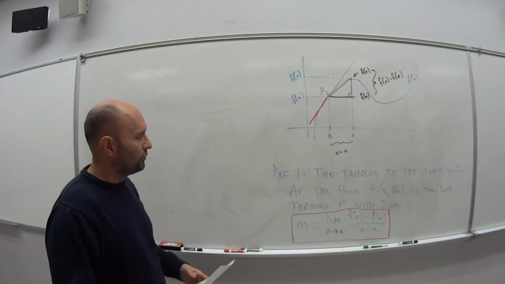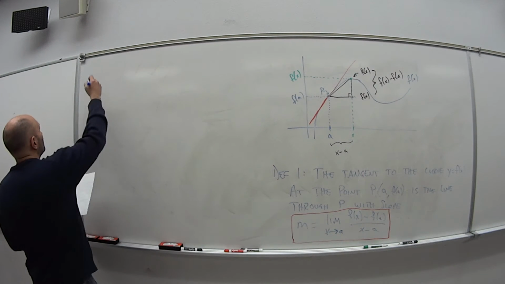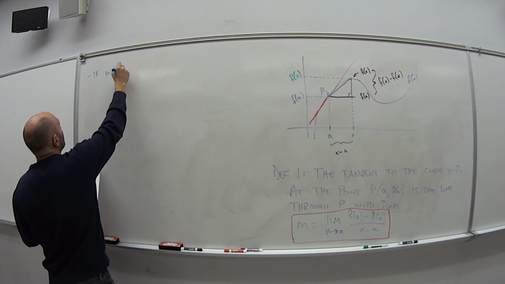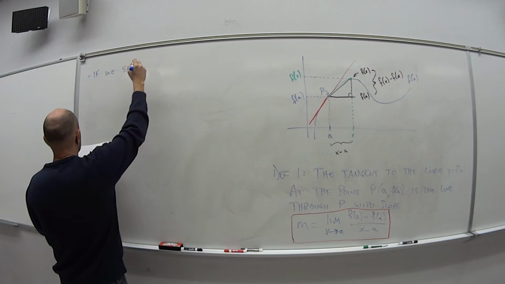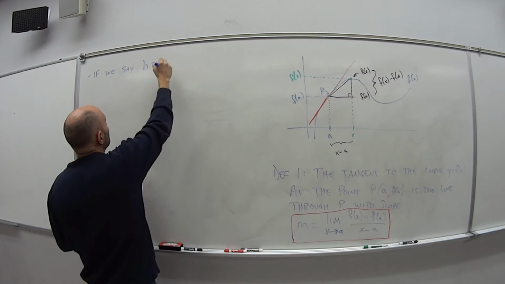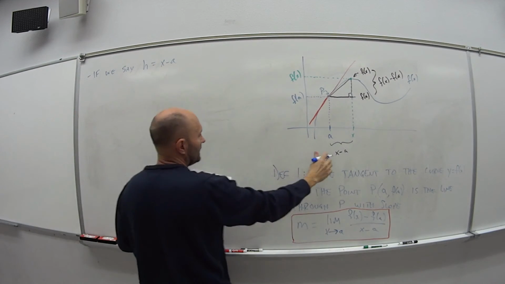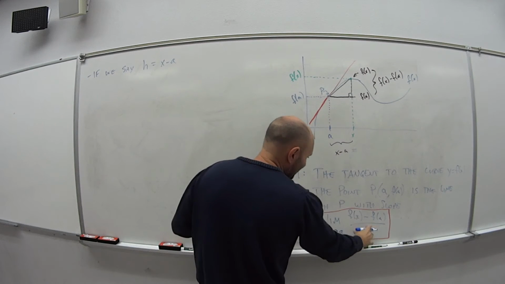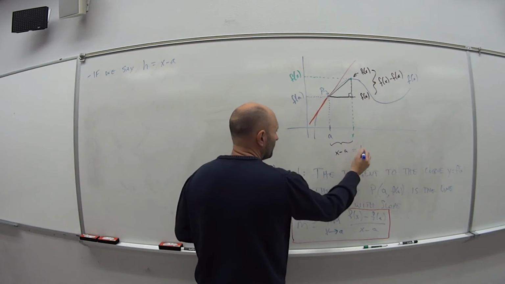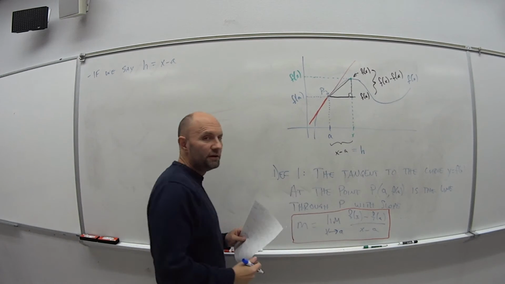Let's redefine a few things and change it up a little bit. So if we say some variable h is equal to this guy here. So this x minus a, instead of in the denominator, I'm just going to call it some variable h that I'm redefining.